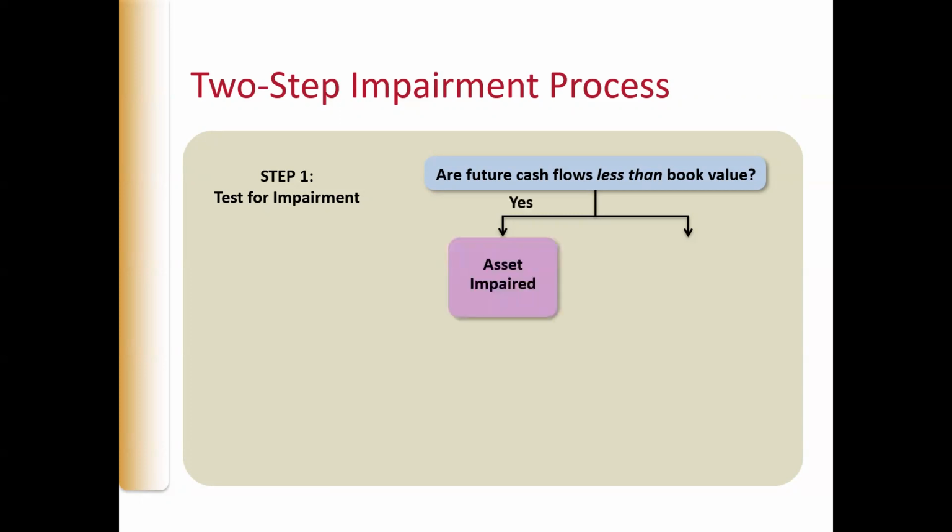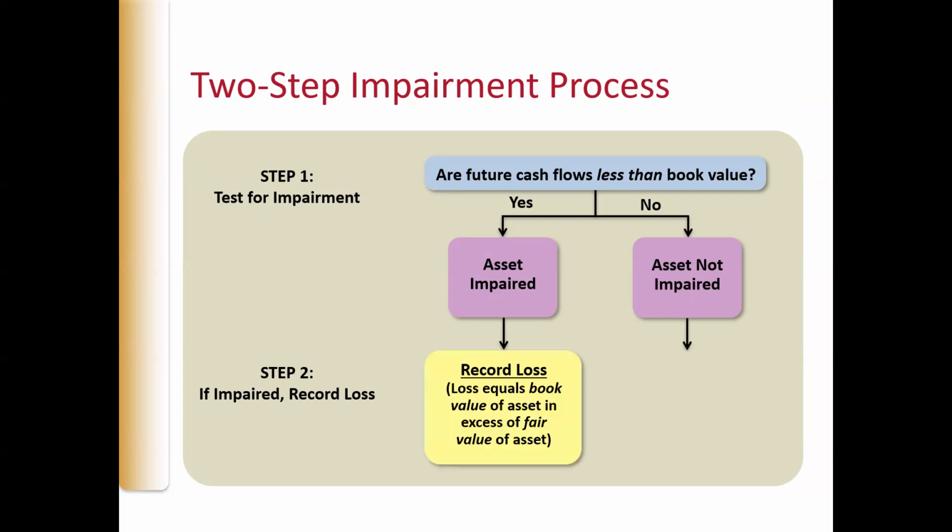If the future cash flows are less than the book value, we've got an impairment. If they're not less than book value, then we do nothing. If the asset is impaired, then we will record the loss.